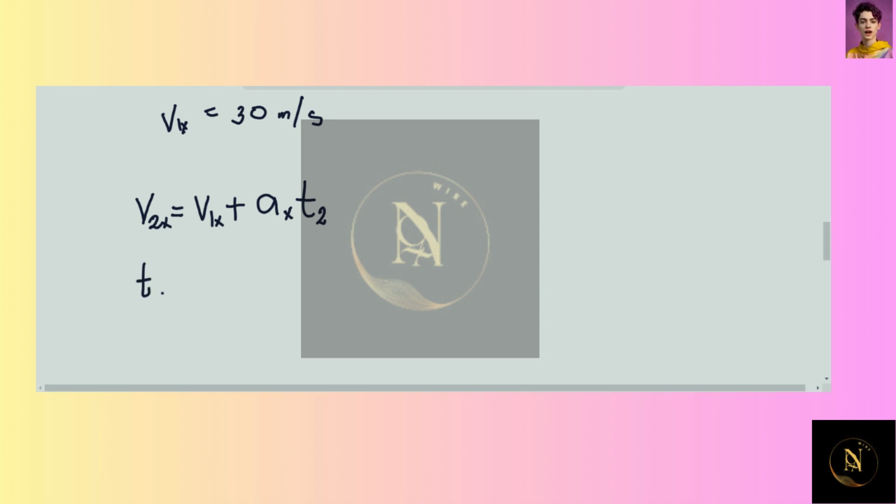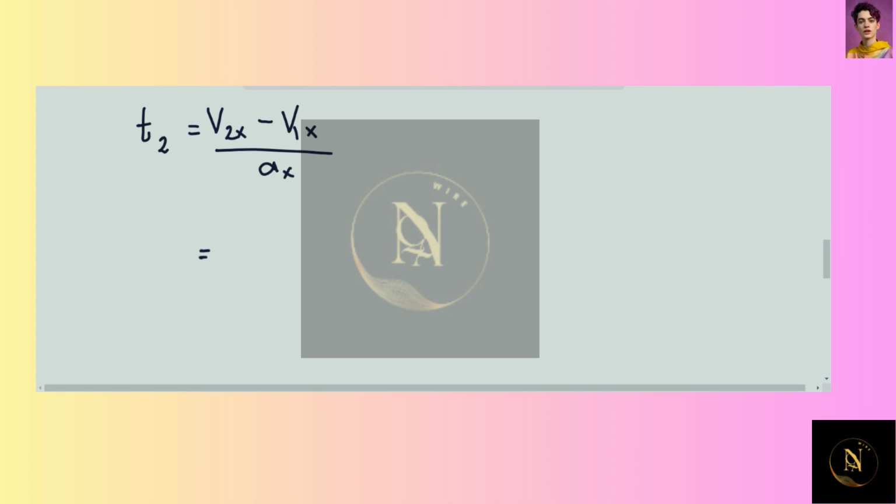We have t sub 2 is equal to v sub 2x minus v sub 1x over a sub x.